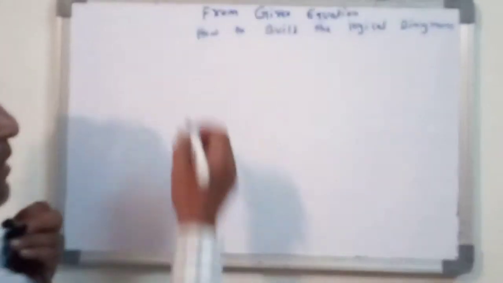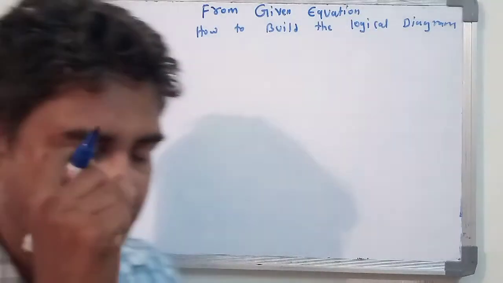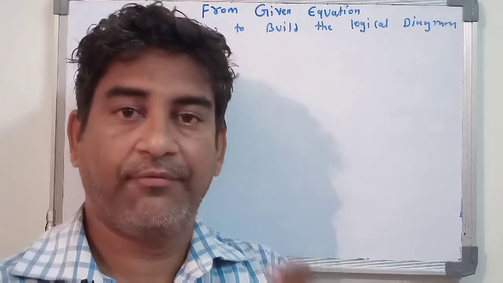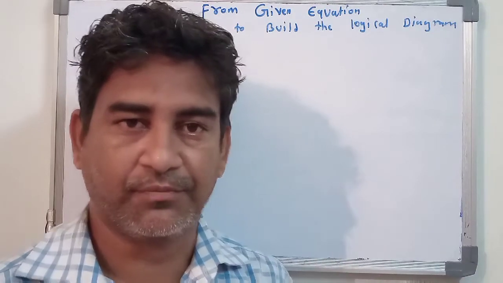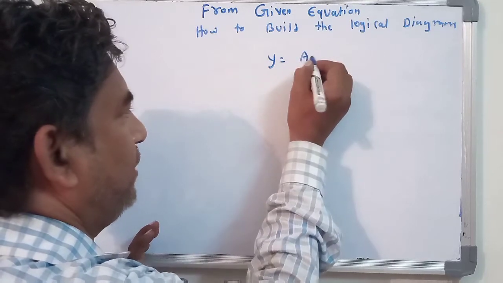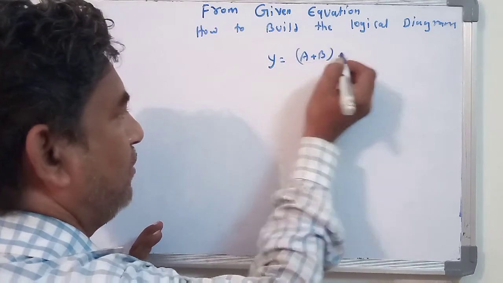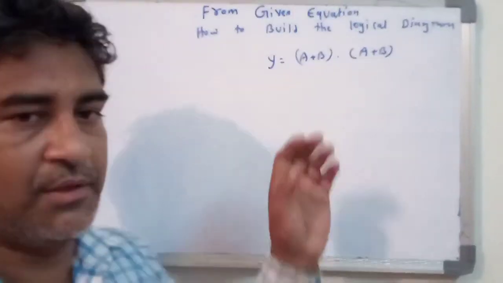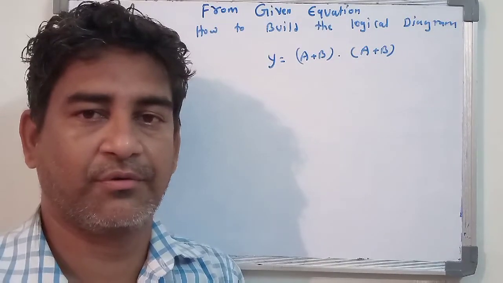Okay. So, very first, on that day also I told you that if any equation is given to you, suppose this is the equation: y is equal to (a plus b) dot (a plus b). This is the equation given to you.